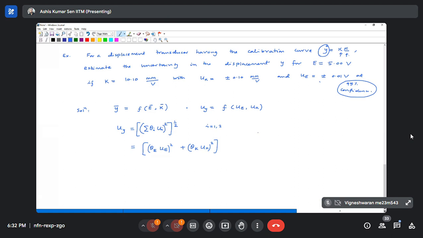And we said that theta i is basically dou y over dou xi at xi equal to x bar. So here theta E is basically dou y over dou E. If y equal to k into E, then dou y over dou E will be simply k.